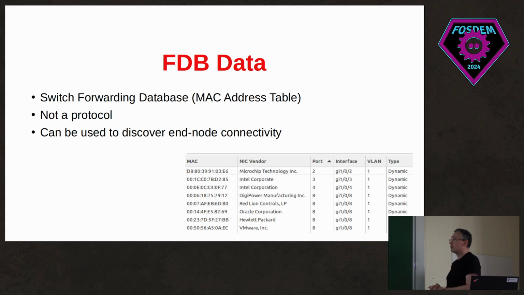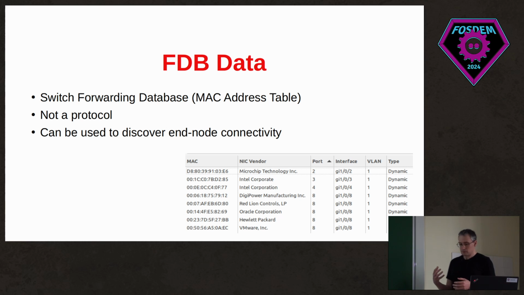Another interesting source is the switch forwarding database, sometimes called the MAC address table. It's not a protocol as such, it's just a table within the switch that determines to which port the switch should forward frames destined for a specific MAC address.